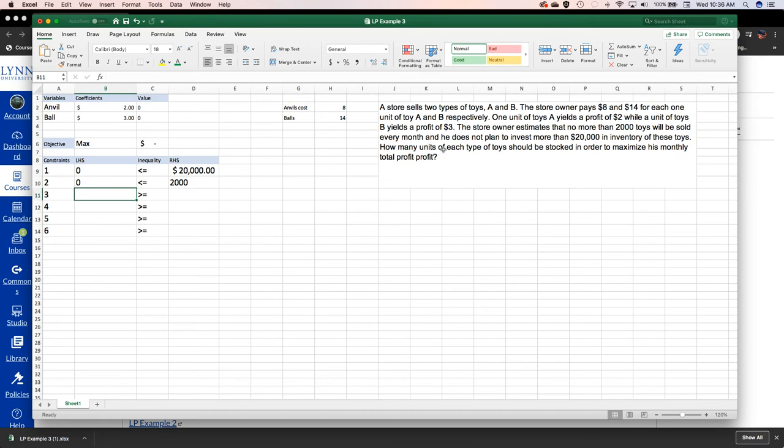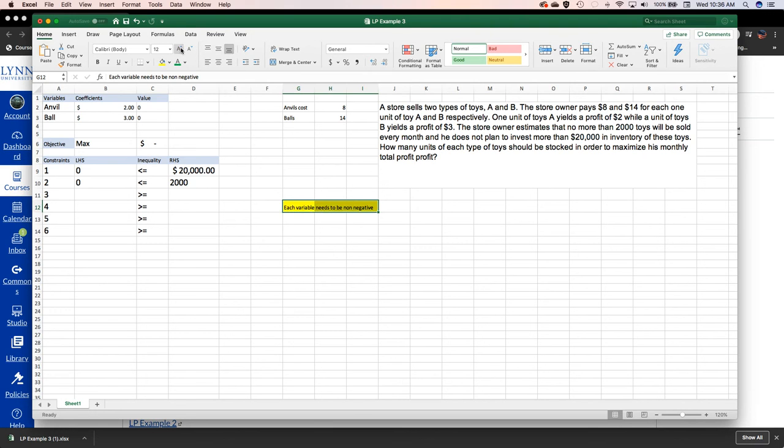And are there any other constraints that I need to take care of? So it looks like maybe there's a couple. Can anybody think of what they need to be? I'll give you a hint: each variable needs to be non-negative.